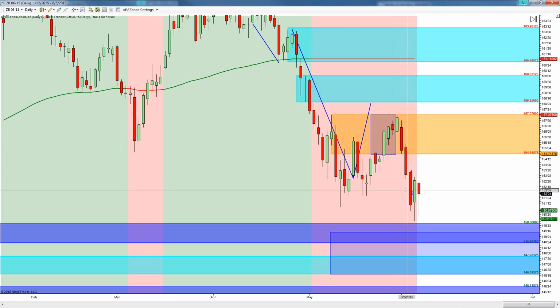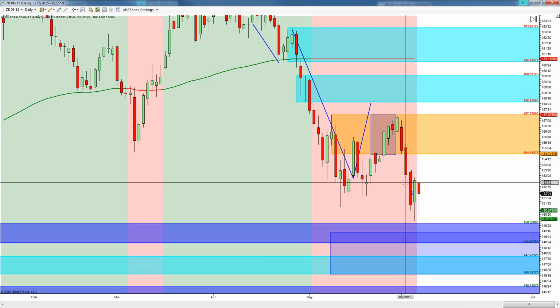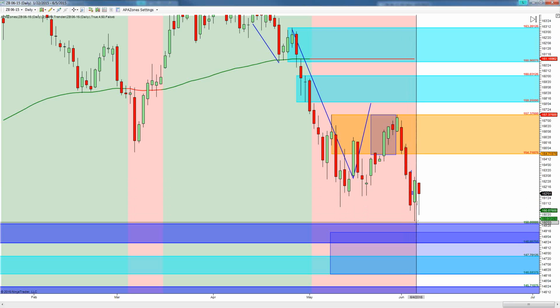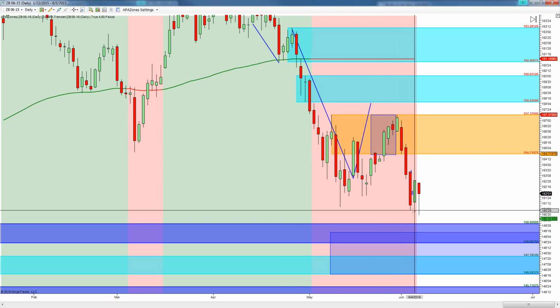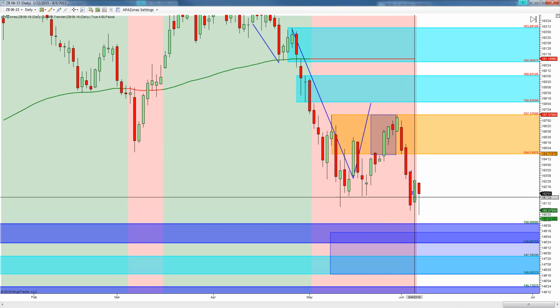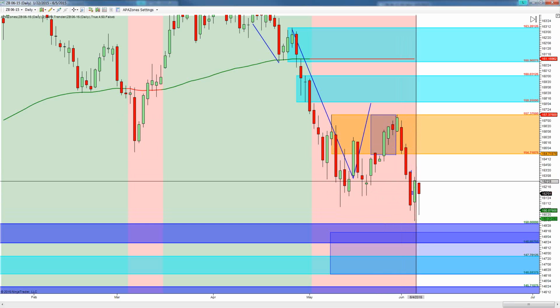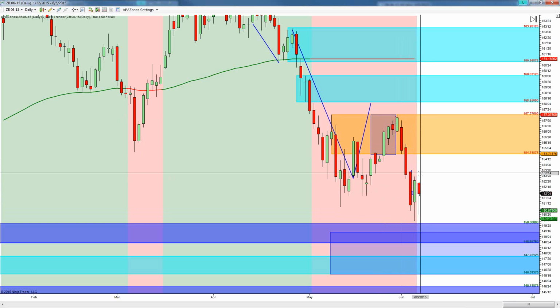Some very nice pushes down here. Okay, and it looks like we can go a little bit lower, to be quite honest with you. So after this nice push down, a new low, looks like it's taken a little breather and given us a little bit of a retracement here.